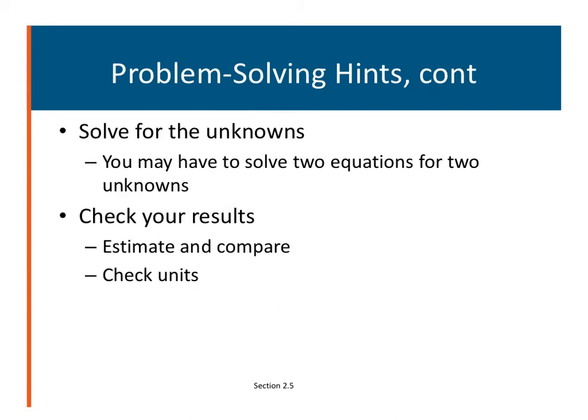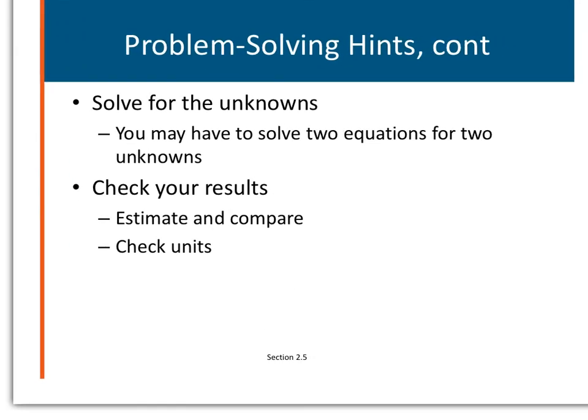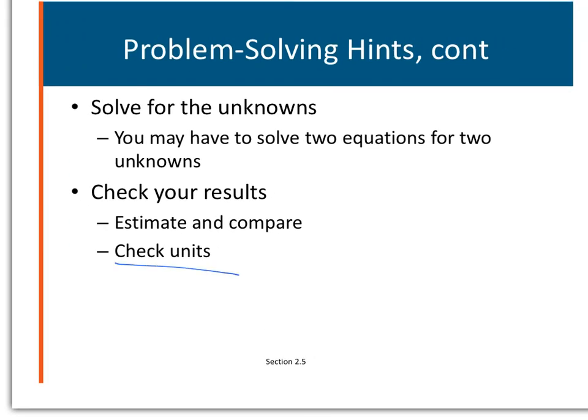Typically, I will ask you to solve for the unknowns first. Do not plug any numbers in until the very end. Solve for your unknowns. You may have to use two equations. May only have to use one. This is where the math is going to come into play. And then plug in the numbers at the end, check your results, see if it makes sense, and always be sure to check units. Let's look at an example of how we can use these equations.